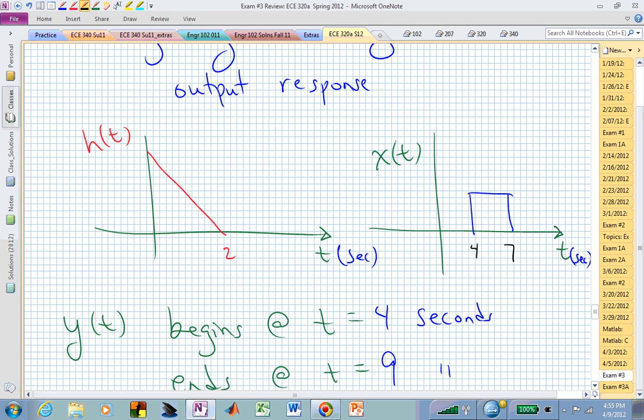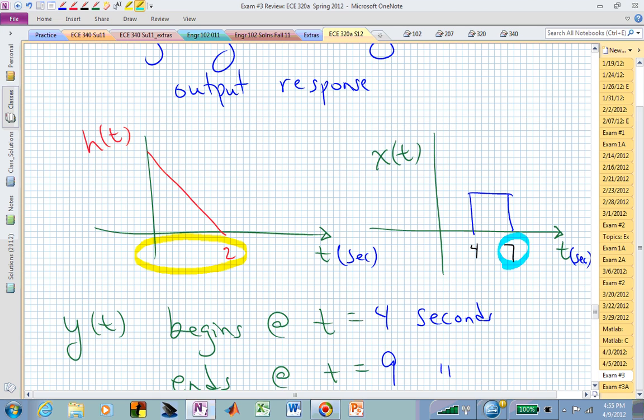So the way that it ends at 9 is, you know that whenever you hit this system, it's going to last for that duration, 2 seconds. Now this particular input that we have illustrated, we said it's going to keep exciting the system until 7 seconds.